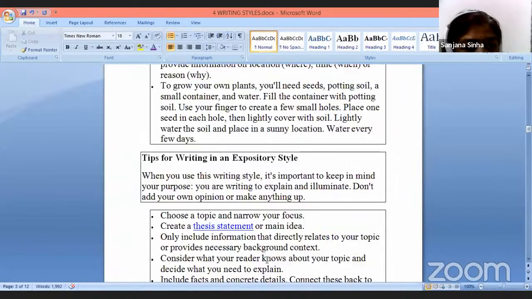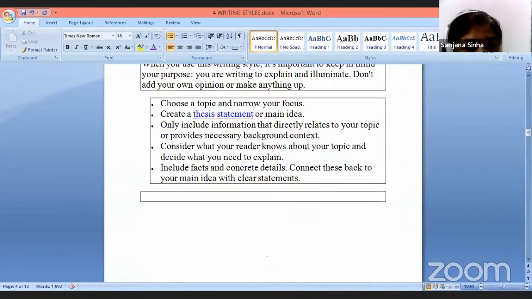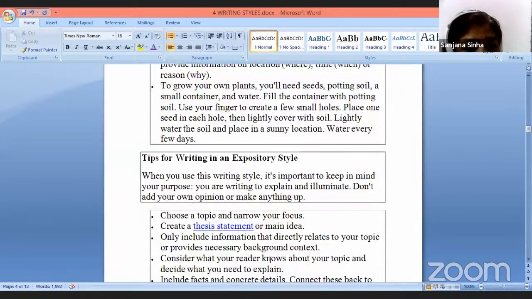So now I'm concluding this with some useful points. Write down the question. What would you include in writing an expository writing style? What is the technical know-how of writing an expository style?